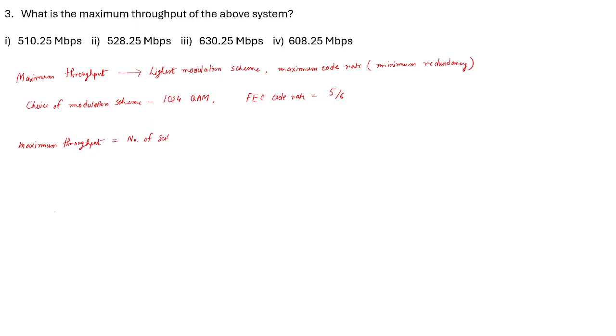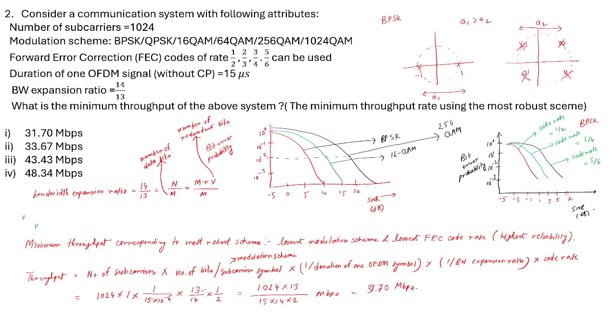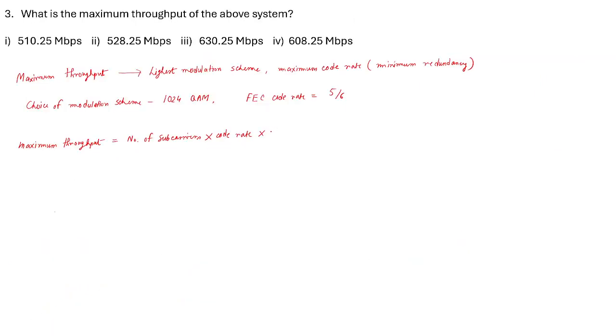number of subcarriers times code rate. This remains the same, so I can just copy from the previous one. Number of bits per subcarrier symbol.